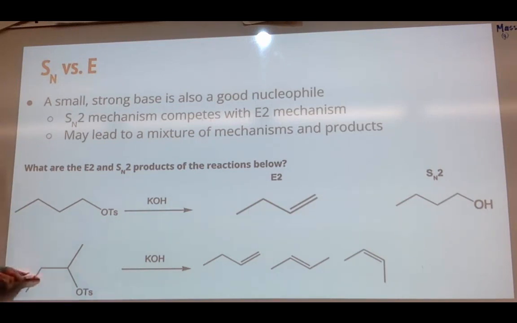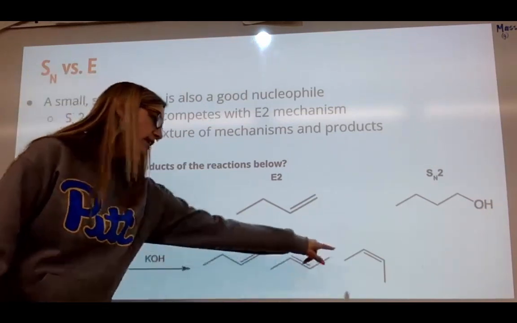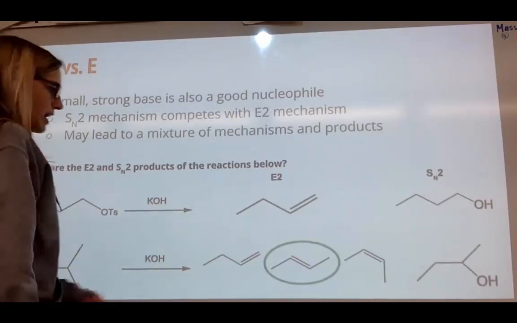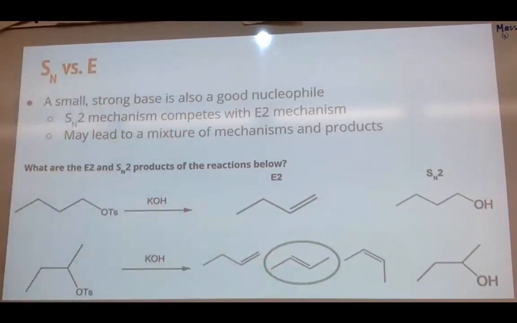For this bottom reaction, we have a secondary carbon. So secondary carbon, we might see different products form. We notice here with the secondary carbon, we have 3 different potential products. Within your notes, this is already circled. But we actually have this middle alkene is the most favored E2 product.